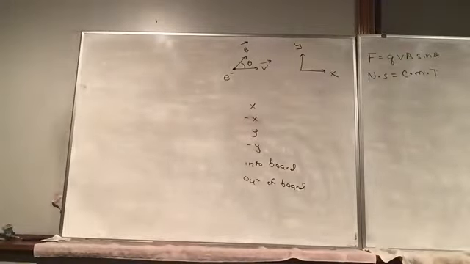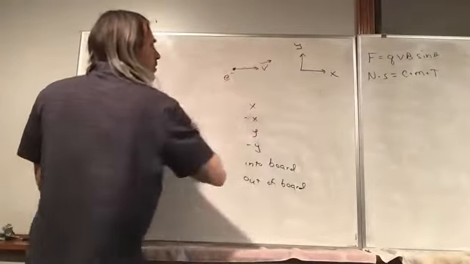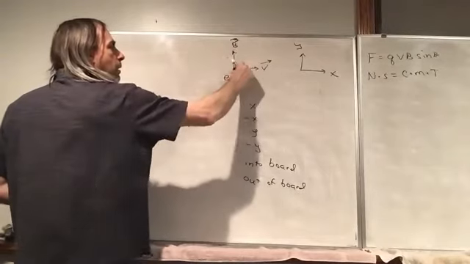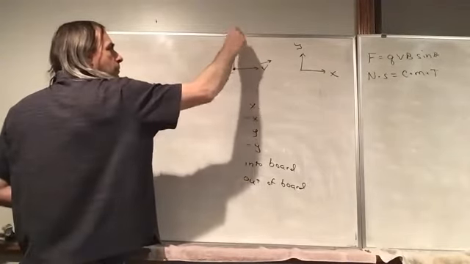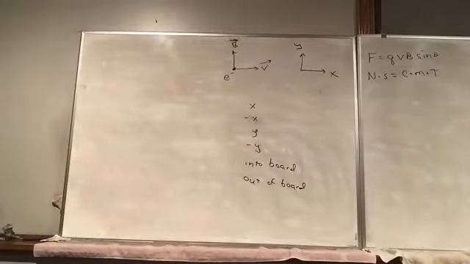More generally, it could be in the XY plane. Let's just change the magnetic field like that. Okay. So possible directions for the magnetic force: X, Y, negative Y, into the board or out of the board. Does anyone want to answer this one?